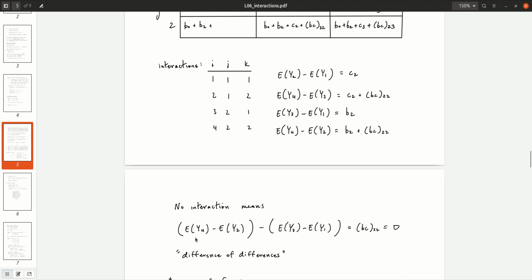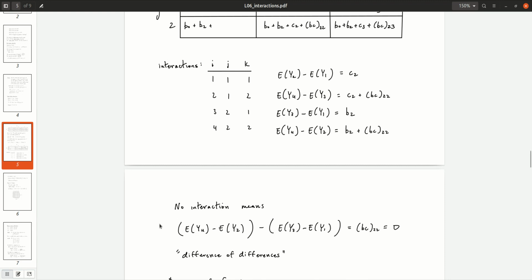Now, if we calculate the difference of the differences, y4 minus y2, that's this one, so that's b2 plus BC22. y3 minus y1 is this one, so that's b2. If we take the difference between these differences, we're left with BC22. So BC22 is the parameter that tells us whether or not there's an interaction between the two factors at levels 1 and 2 for both factors.